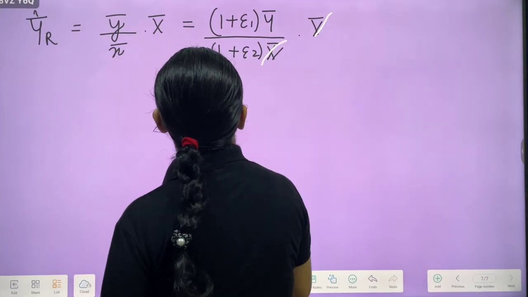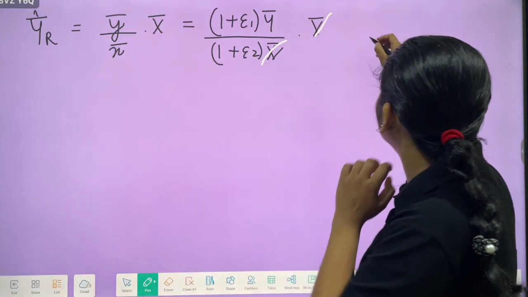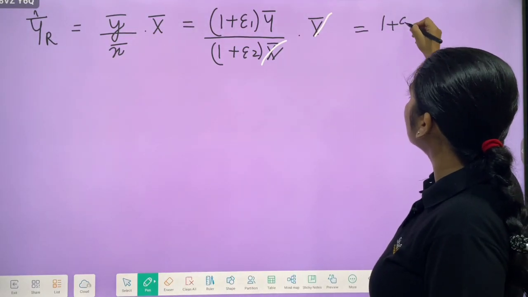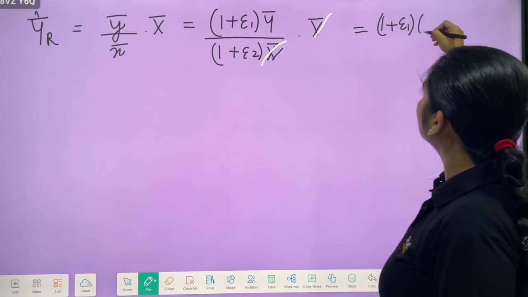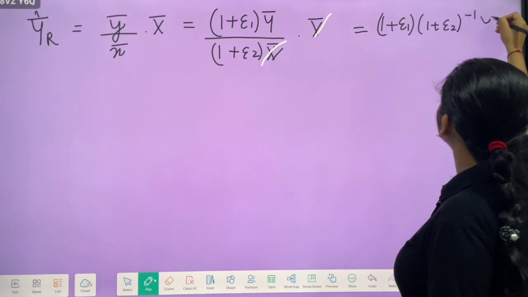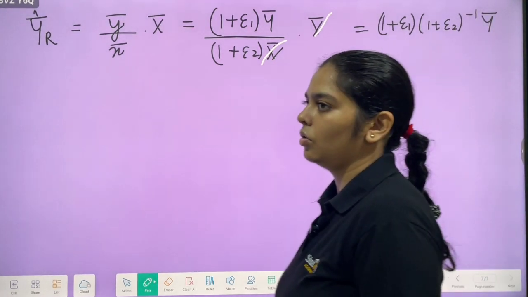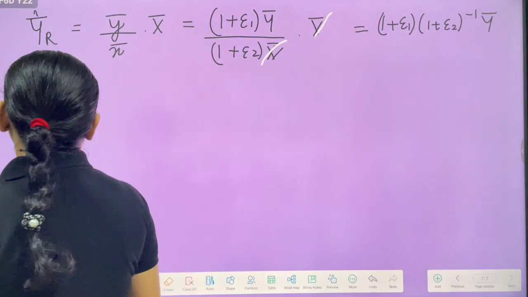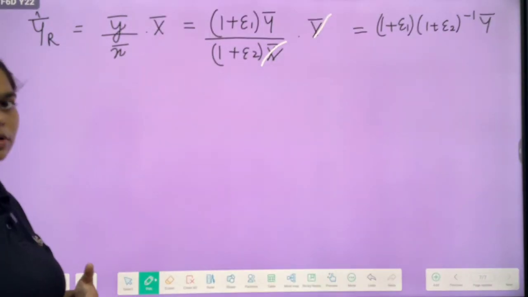This and this will get cancelled. So we are left with 1 plus epsilon 1 into 1 plus epsilon 2 raised to the power minus 1 into capital Y bar. Now opening the power, and we are doing it up till first approximation.